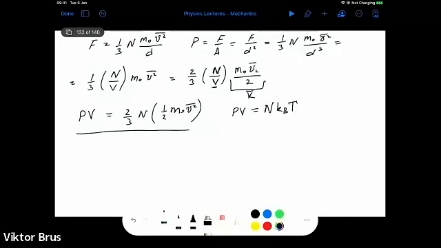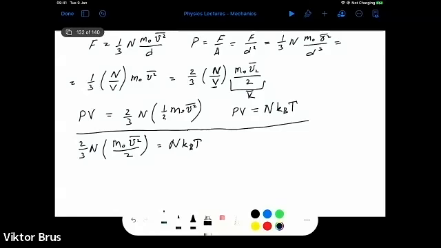So we have the same left sides of this equation, so we can equate the right sides. And we get the following: 2/3 times N m0 v square average divided by 2 equals N kB times T.